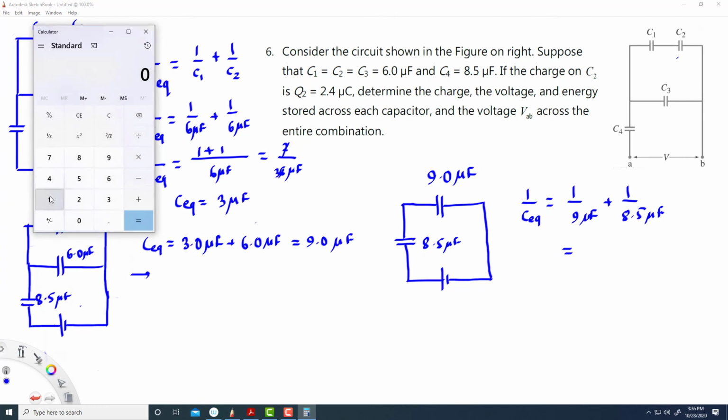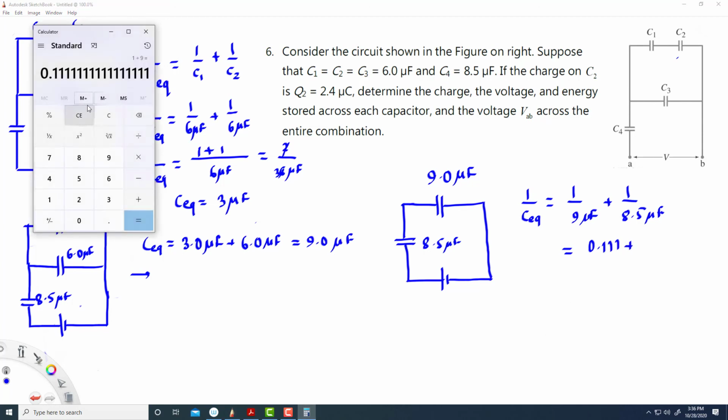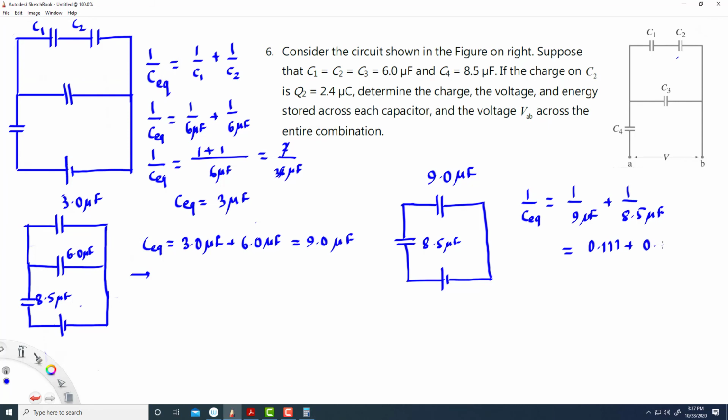So we have 1 divided by 9, that's 0.111, plus, let's clear that, 1 divided by 8.5, that's 0.1176.